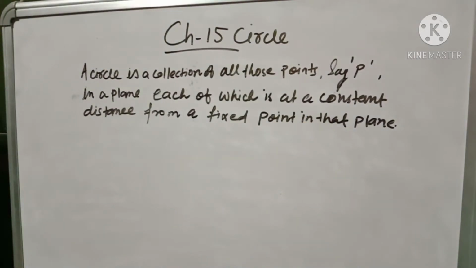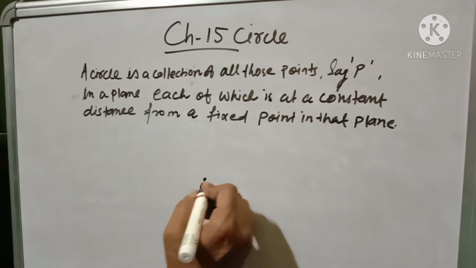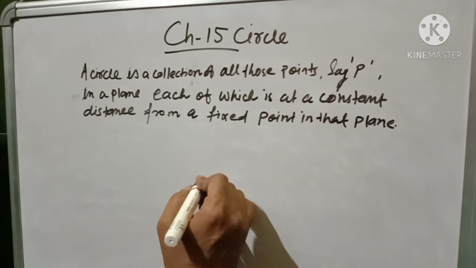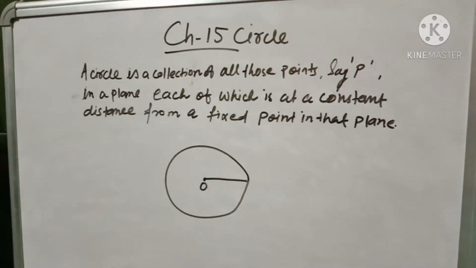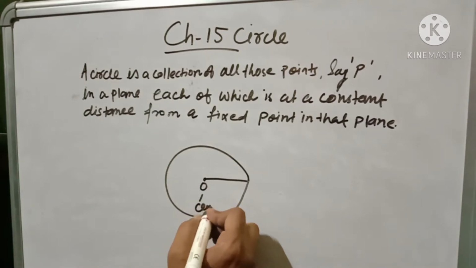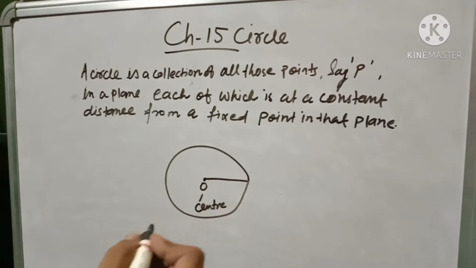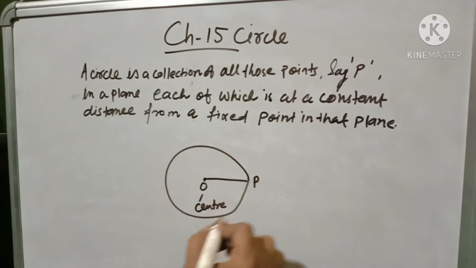Let this fixed point be O. If you draw one circle, this fixed point is called the center, and these points P are the points that make up the circle.